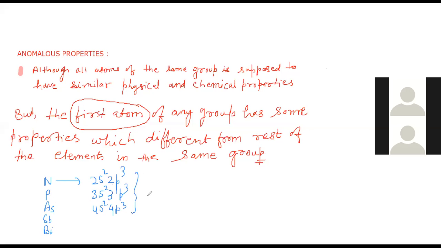Likewise, all have ns2 np3 configuration. But you will see that nitrogen forms a nitrogen-nitrogen triple bond, but phosphorus forms a P4 molecule. So this nitrogen-nitrogen triple bond formation is due to p-pi-p-pi bonding. What is p-pi-p-pi bonding?